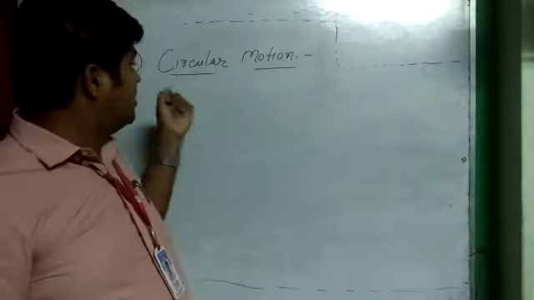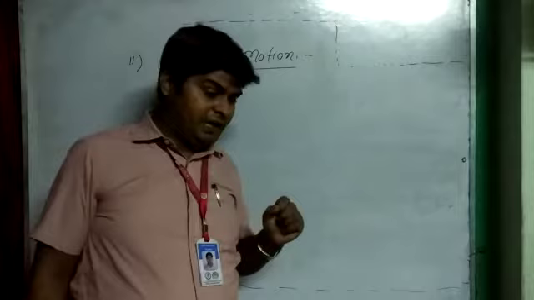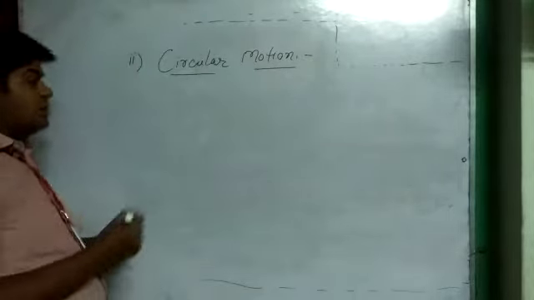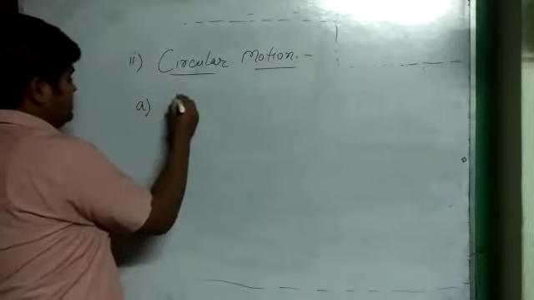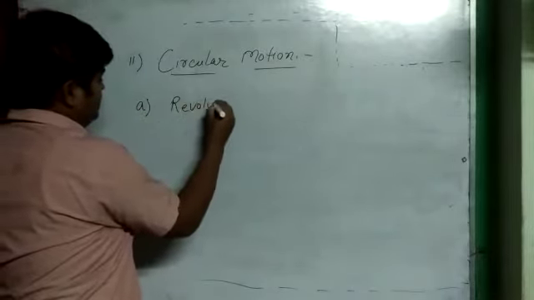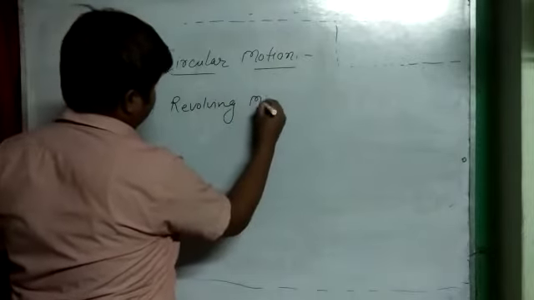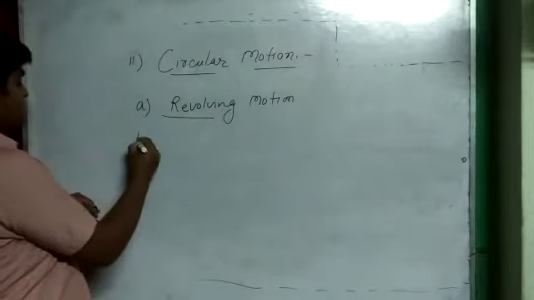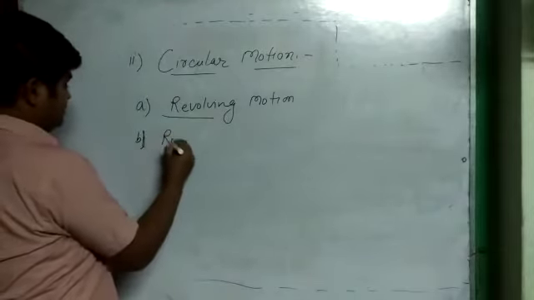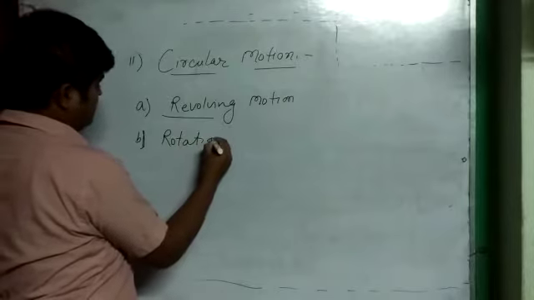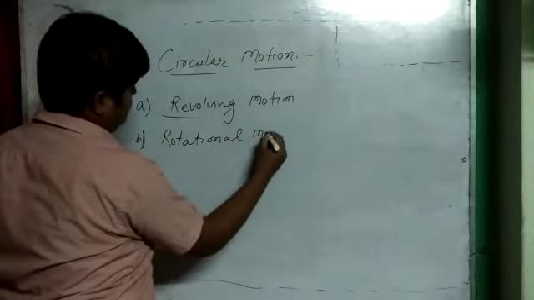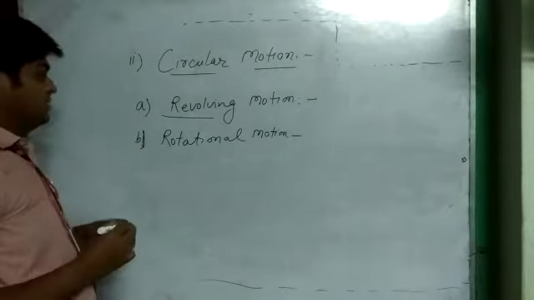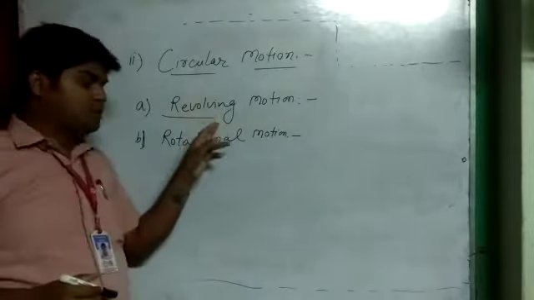Now, types of circular motion. As for linear motion there are 2 types, circular motion is also of 2 types.